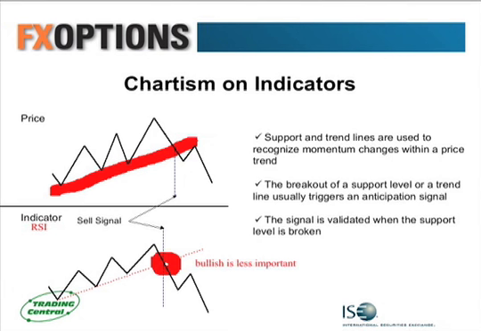But you don't have the downside breakout. When you have the downside breakout just there, the downside breakout on price confirms our bearish signal on the RSI. So when you have the downside breakout on price, you can enter a short position because the price breaks below the rising trend line, and the indicator has also broken below its rising trend line.